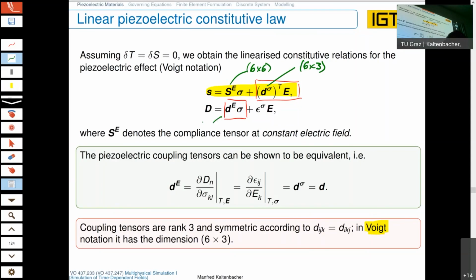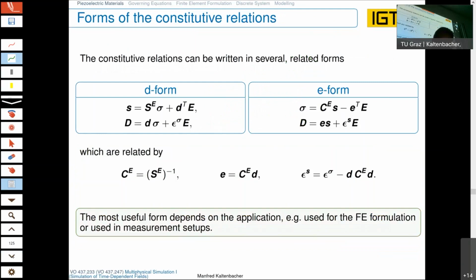So you see this is a 3x6 matrix, and it is just the transpose. And this we clearly know is a 3x3 matrix. Yeah? And this works nicely with the Voigt notation where we just have 3 normal stresses, strains, and 3 shear stresses, strains, and therefore we can write it very easily in this notation.